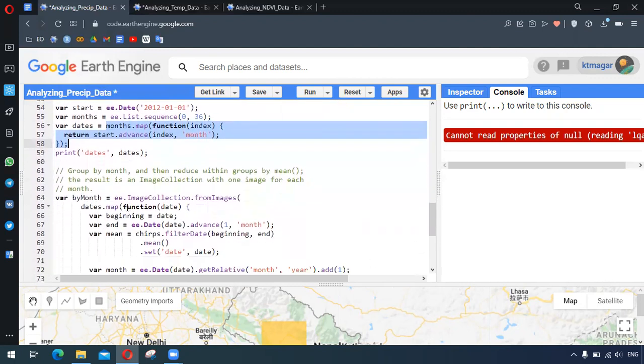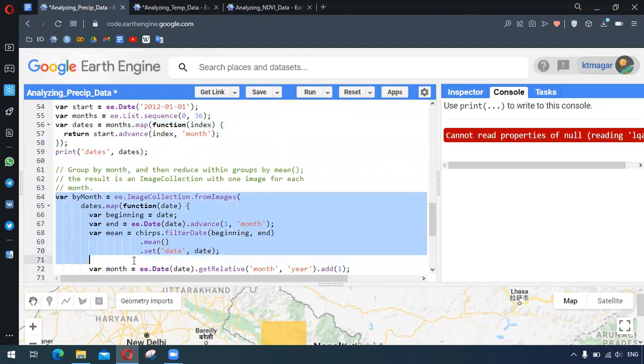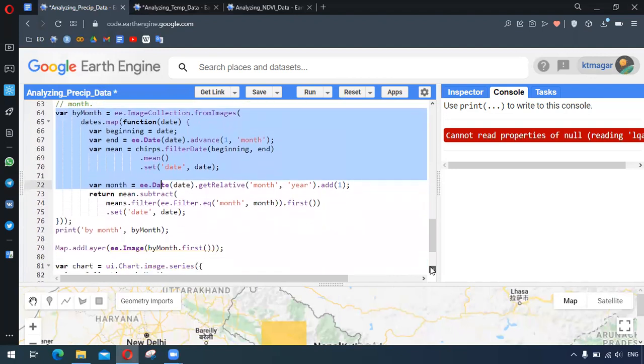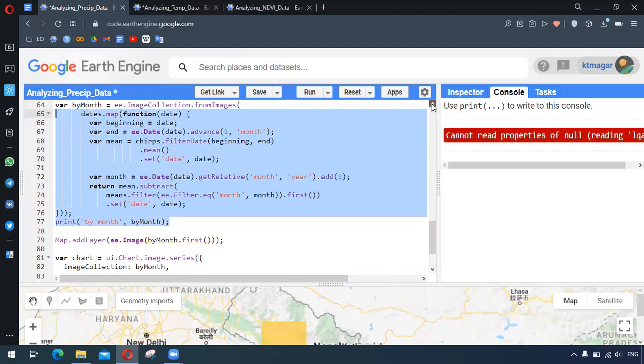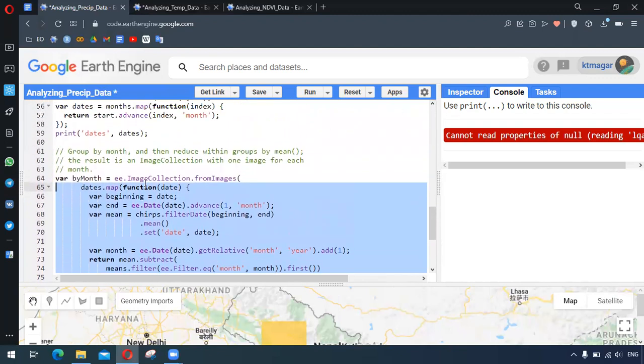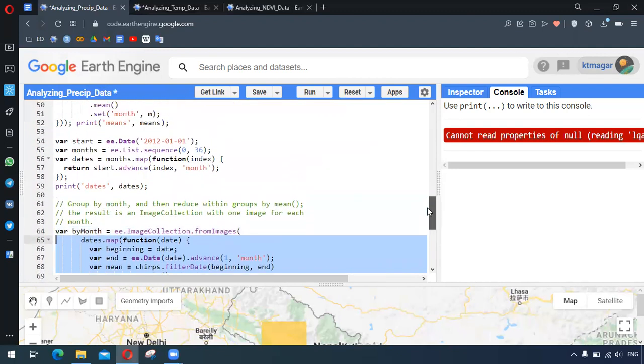And this is the main function here to find the mean image of every month. Every time this function is run, we get the mean of the image of every month.